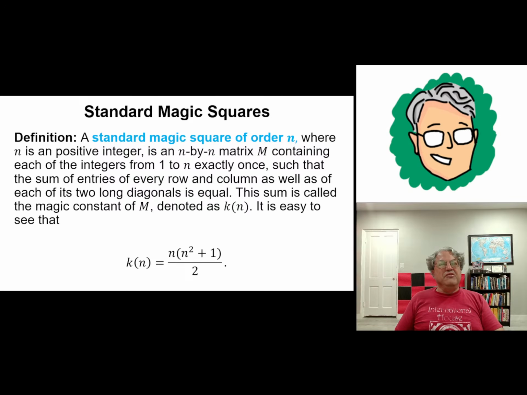That's the well-known formula for adding all the numbers from 1 to m, which is m times m plus 1 over 2. If we divide that by n, we get the magic constant, which I'm calling k of n here. That's n times n squared plus 1, over 2. So that's a formula for the magic constant of any standard magic square.